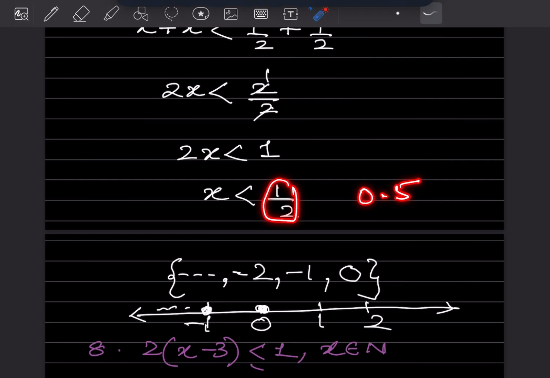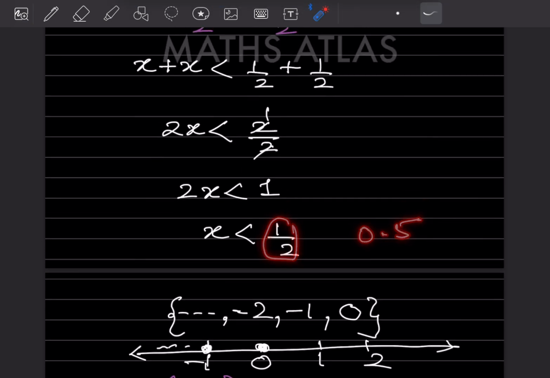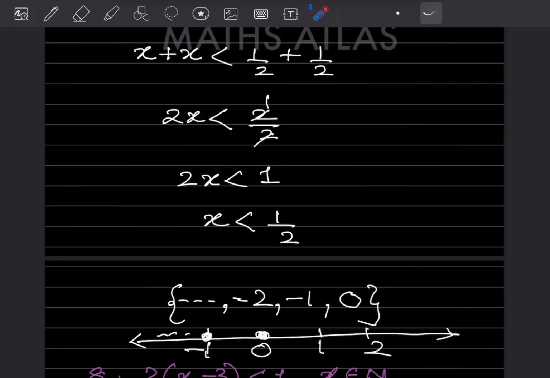So you will consider, now these are the integers. So you are going to consider here 0, minus 1, minus 2 and so on. Because this is less than 0.5 means it is going to be 0. So 0, minus 1 and minus 2 and so on. So these all points should be considered. So here 0, minus 1 and we can put 1 or 2 points and this shows that it goes on.